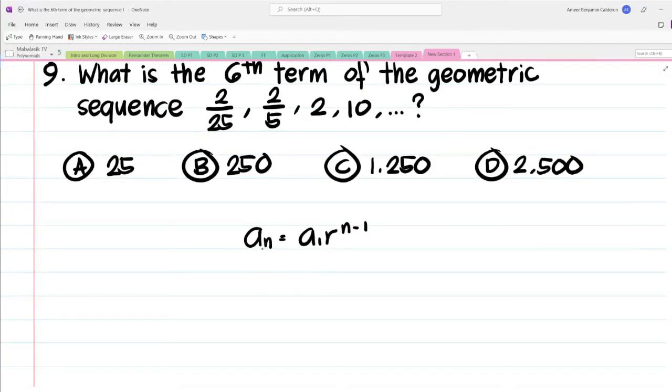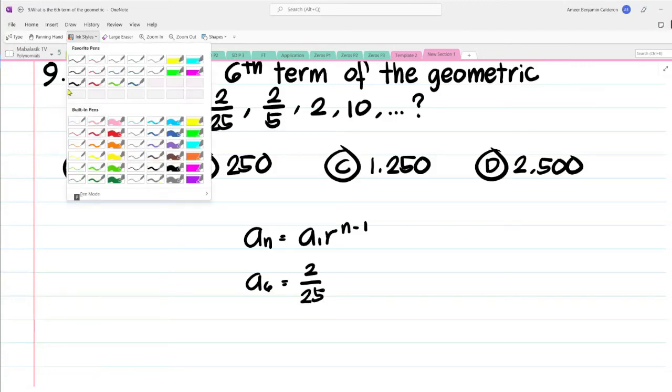So we do not know the 6th term yet. So that is a sub 6. So a sub 6 equals a sub 1. That's 2 over 25 times r. We do not know r. So what we want to do is to find r.